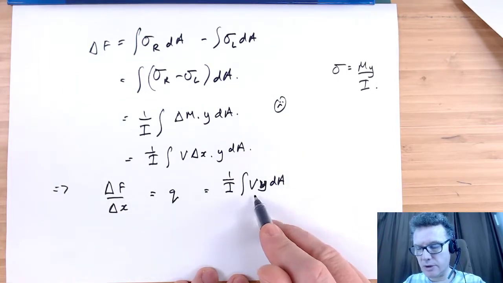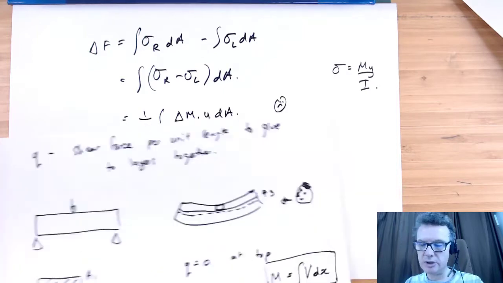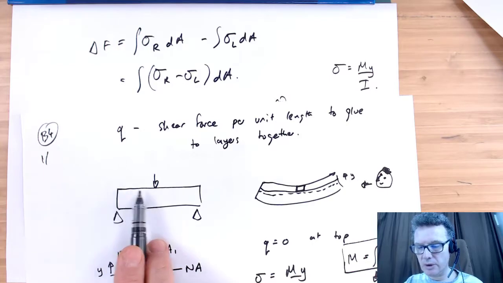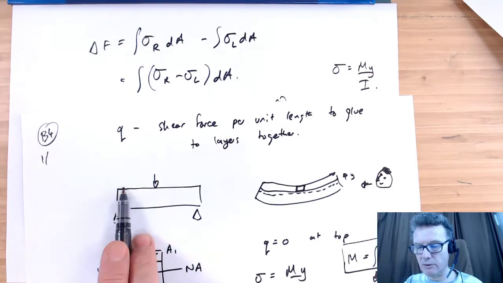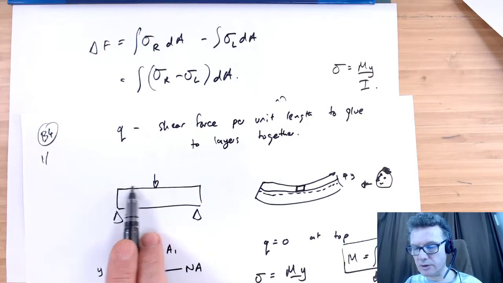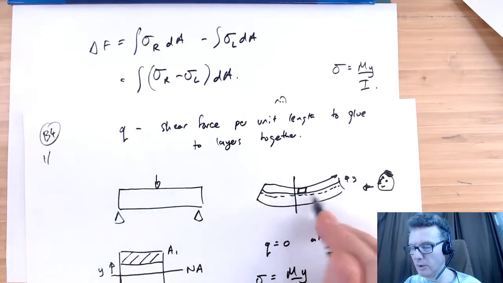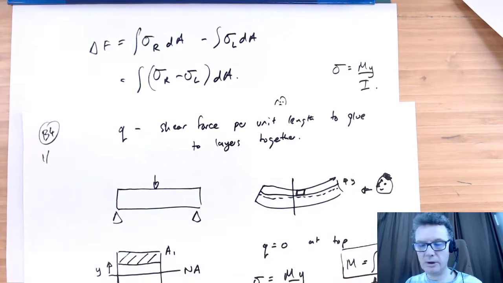We assume that V, the shear force, we've seen previously that provided you're not at the middle where you flip over, V stays constant. So provided I take this to be a little bit away from the midpoint, I shouldn't have an issue.